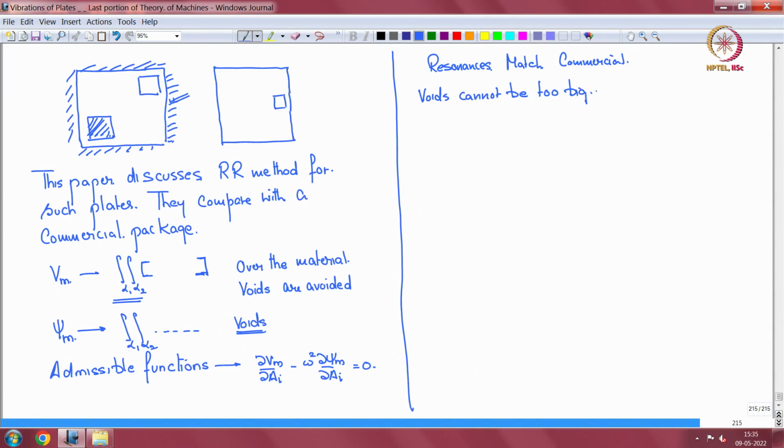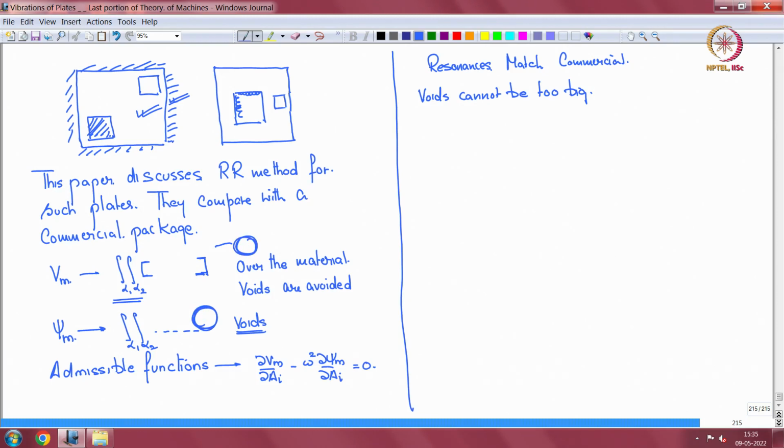If the voids are too big, then you have to actually satisfy the inner boundary condition, which you are not actually doing. In this method you are not doing that. You are just subtracting the potential or strain energy of that part and the kinetic energy of the same part. So, you are sort of doing it.